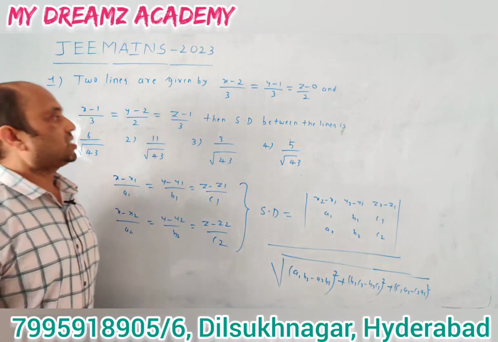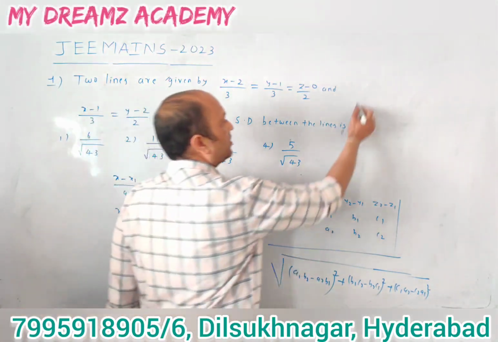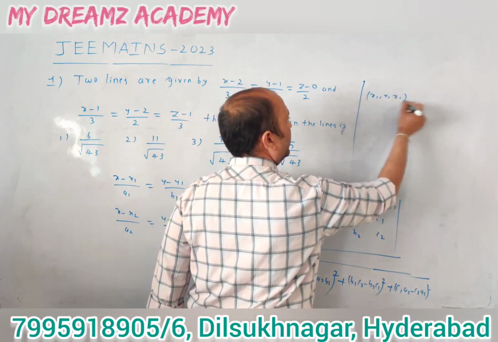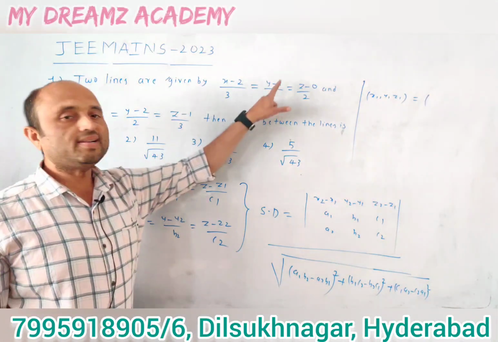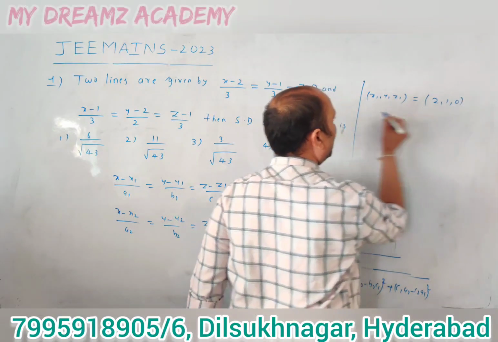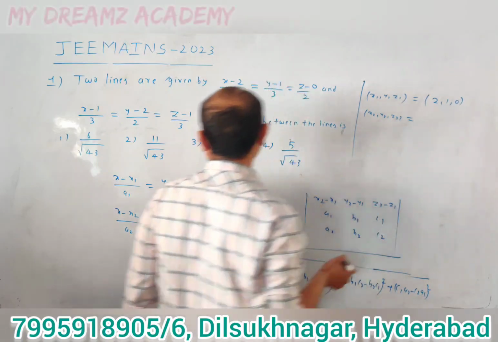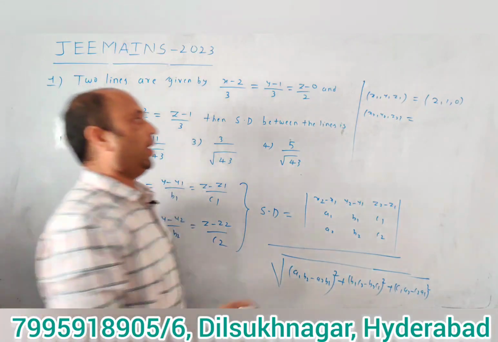Now just compare this with the given equation. So what is (x1, y1, z1)? Comparing with the given equation, (x1, y1, z1) is (2, 1, 0), and (x2, y2, z2) for the second line is (1, 2, 1).